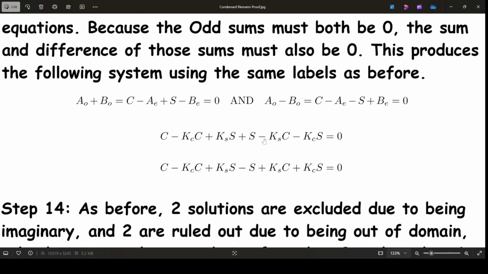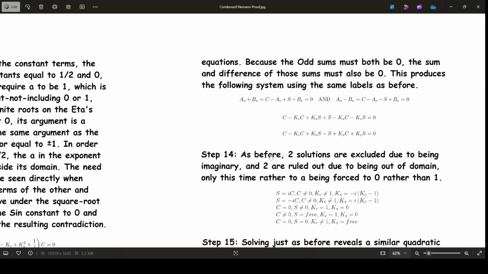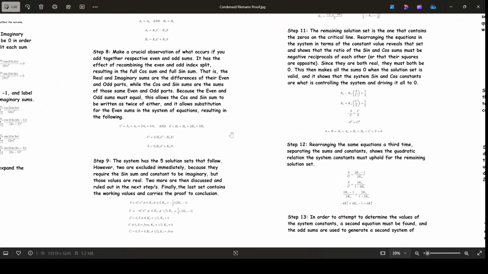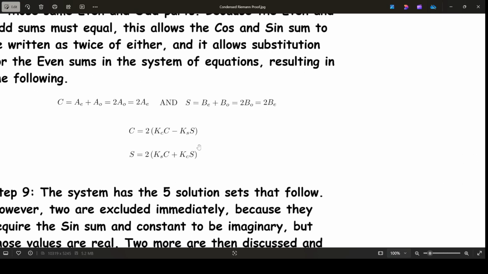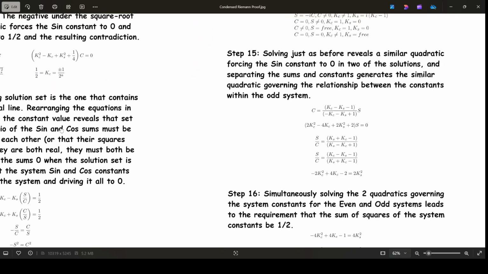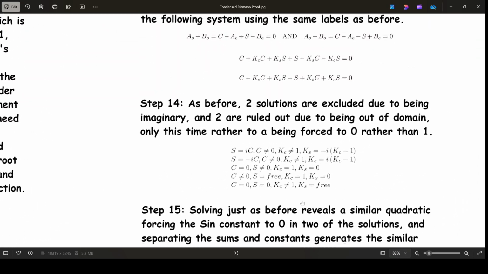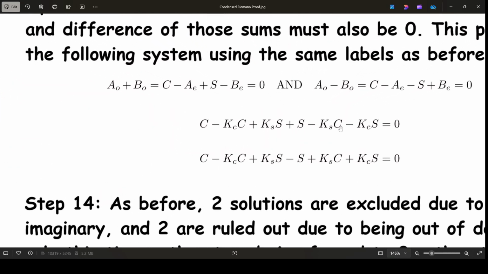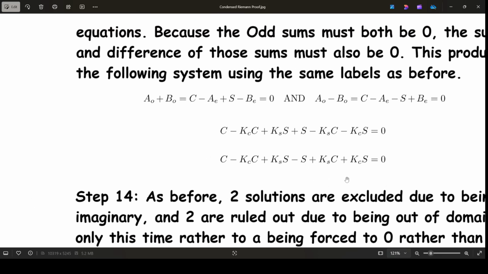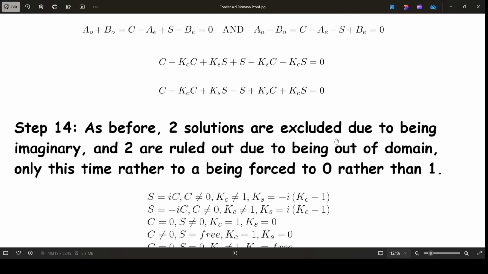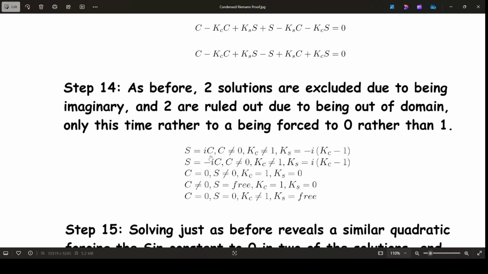Here, this is the system you get for the even sums, just by their definition, what they are, and by substituting that even part with the cosine and sine. And this is the system you get from the odd sums, recognizing that their sum and difference has to be 0. Great. So now we're going to do the same thing we did as before with the other system and see what quadratic we get out of this system. So like before, there's 5 answers.